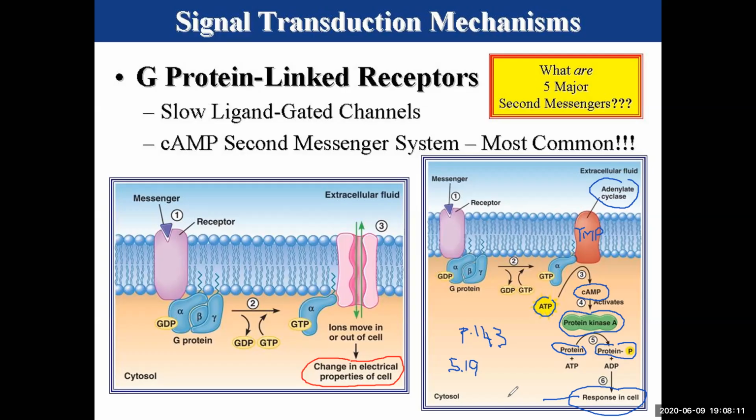So the second messenger cyclic AMP can amplify the response. So you can start with only one single chemical messenger, but you can produce thousands, if not hundreds of thousands of these signaling cascades, so the cell can respond. So the message was amplified hundreds of thousands, if not millions of times.